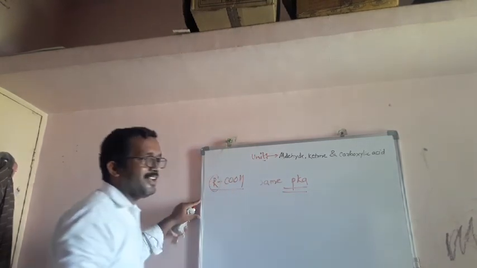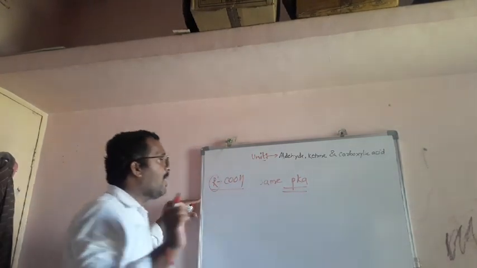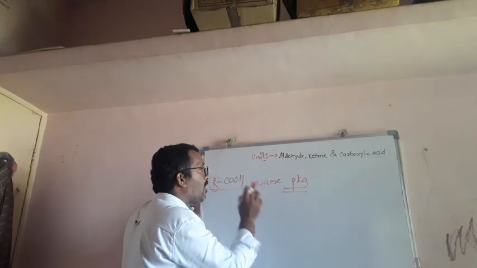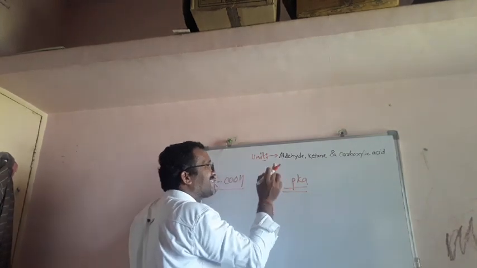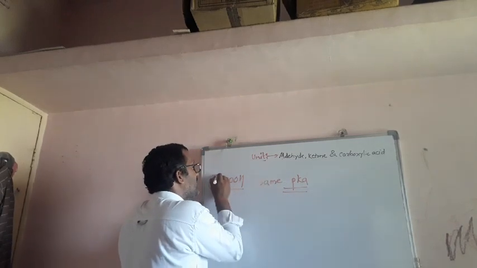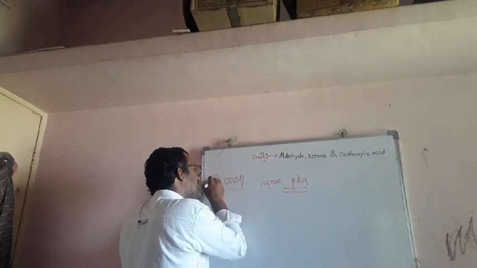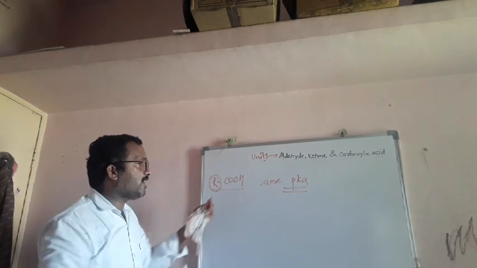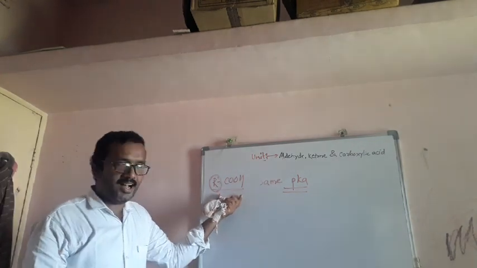All the carboxylic acids do not have the same pK values, and the strength of the carboxylic acid is influenced by the alkyl group present in the carboxylic acid.